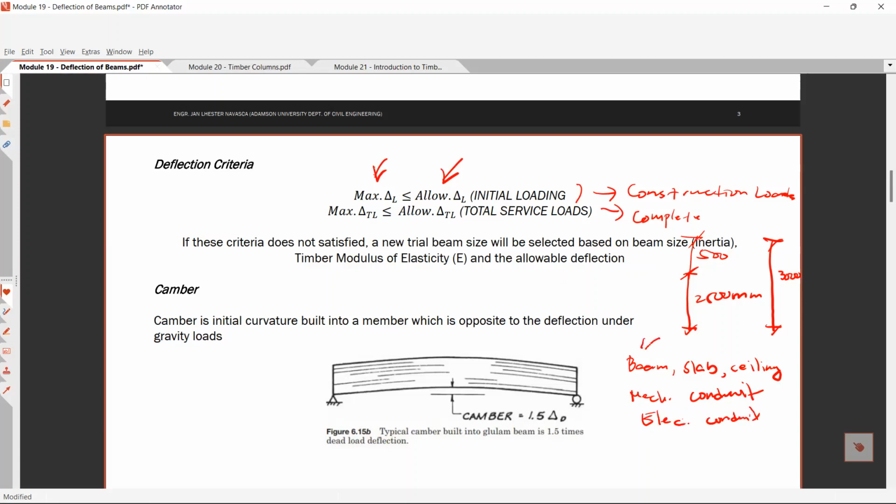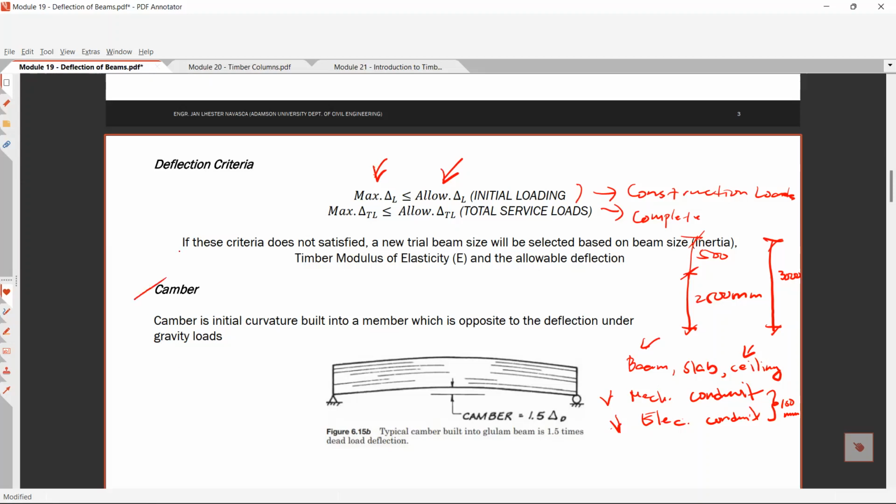So kinain na agad ng beam mo. Meron ka pang ceiling, meron ka pang mechanical conduit and electrical conduit. And most of the time, yung mechanical and electrical conduit ay 100 mm yung nire-require. Okay? So, hindi ka pwedeng basta-basta mag-change. So, meron pa tayong ibang way, ibang method para mapasa yung ating beam.